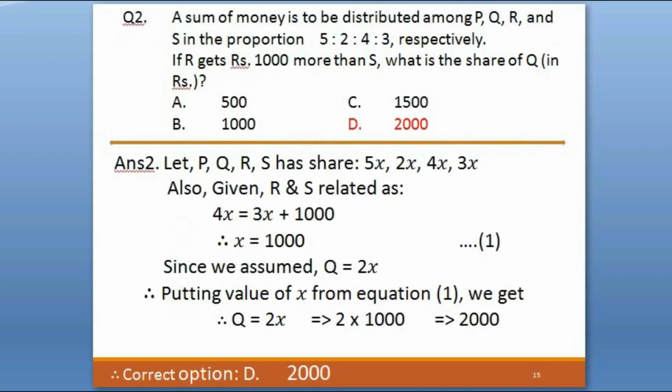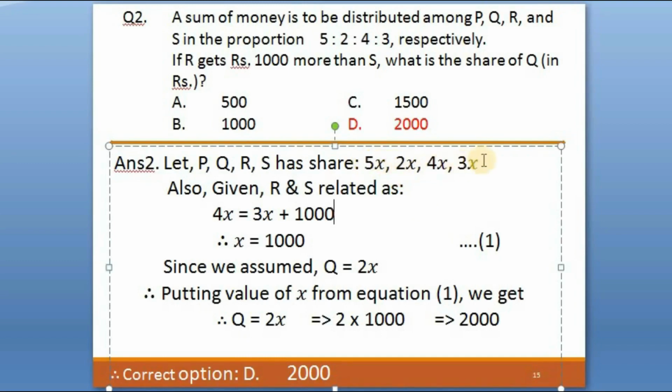First of all, what is given as PQRS? These are basically 4 persons. Their ratio is given as 5:2:4:3, so we can assume that their shares are 5x, 2x, 4x and 3x.